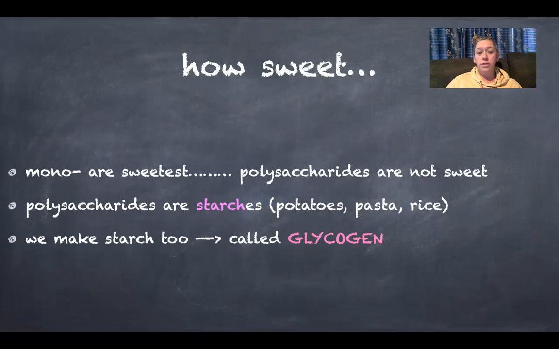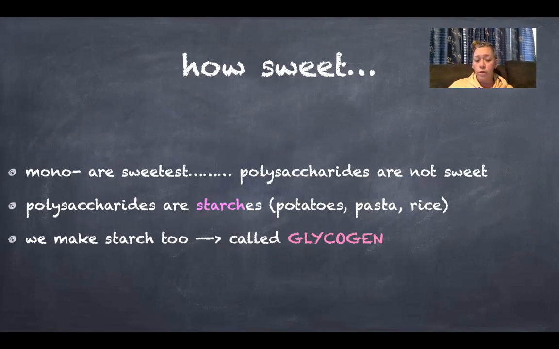But as we go down the list, mono are the sweetest, disaccharides are a little less sweet, and polysaccharides tend to not be sweet. Polysaccharides are actually starches. Starches are foods like potatoes, pasta, rice, and the body actually makes starch too, called glycogen.